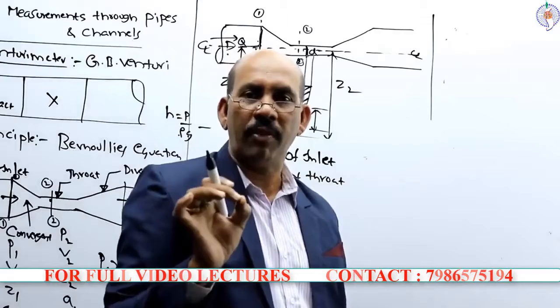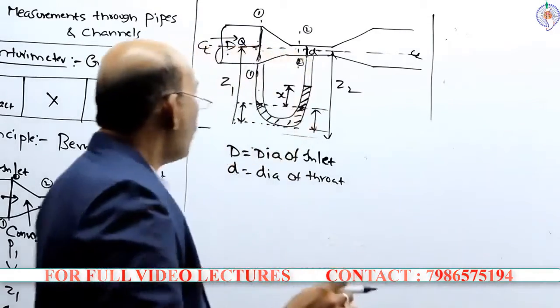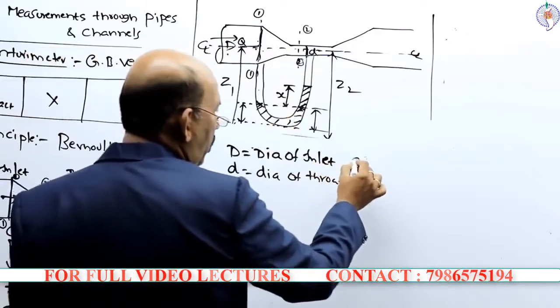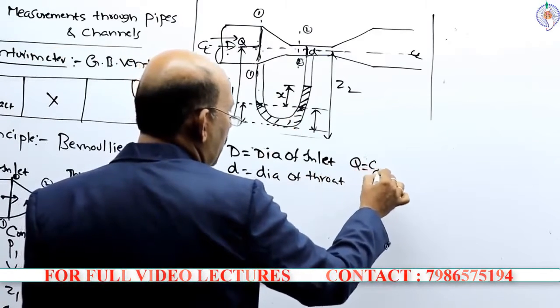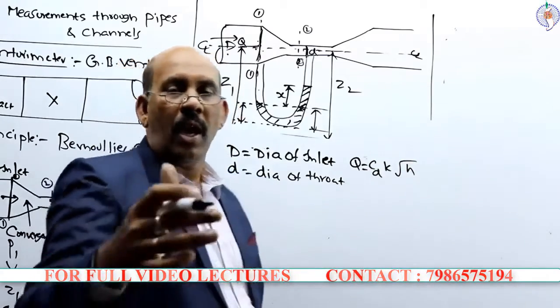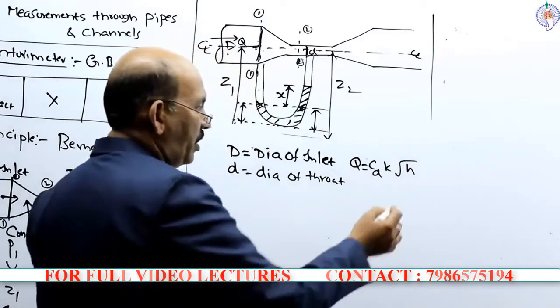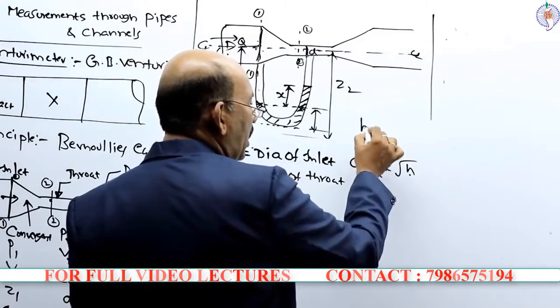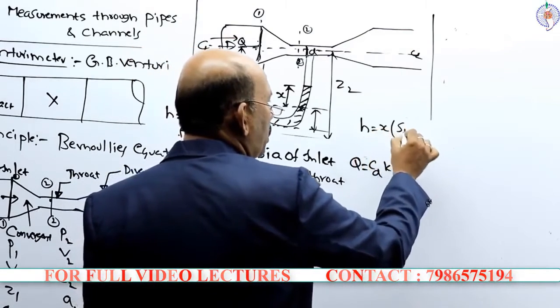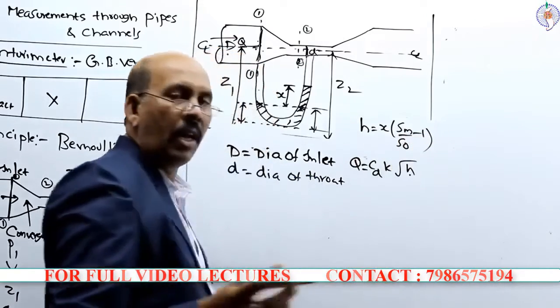The very important characteristic feature of this particular venturimeter is, by creating your equation Q is equal to CD into K into root H, and you create more and more value of H, the pressure difference H is equal to X into specific gravity of manometric liquid minus 1.